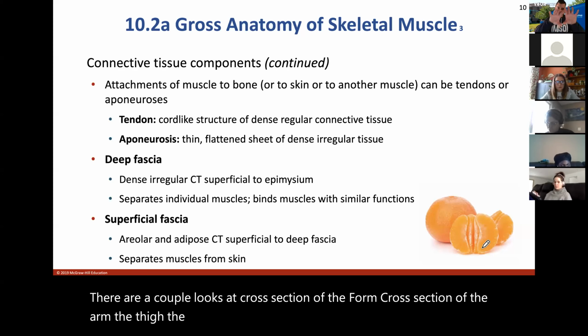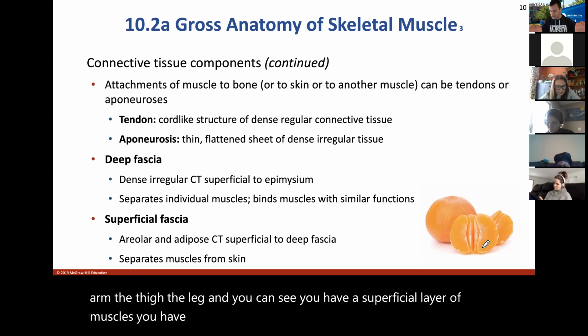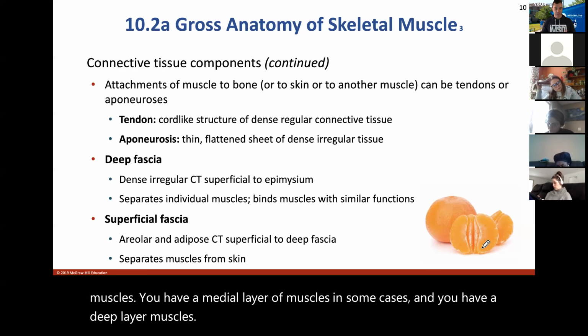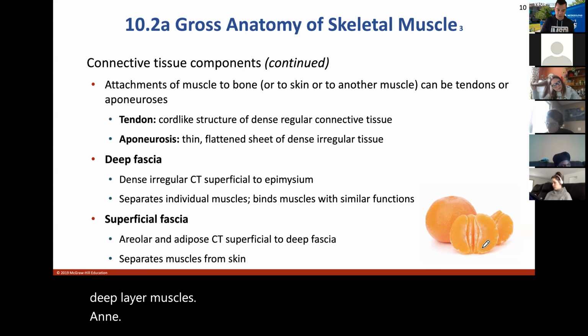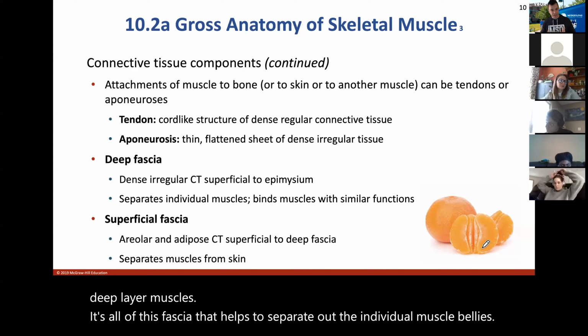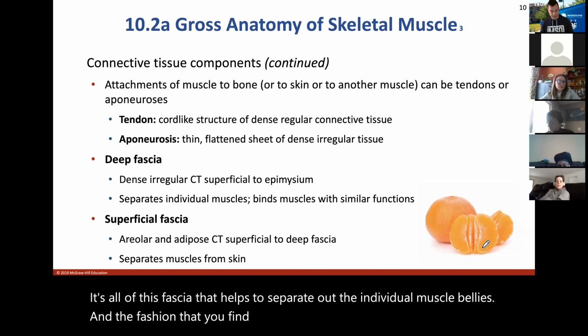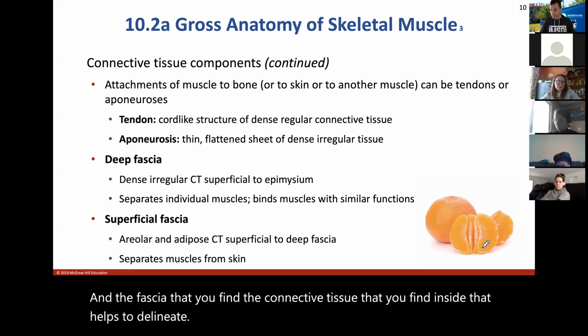And you can see you have a superficial layer of muscles, a medial layer of muscles in some cases, and a deep layer of muscles. It's all of this fascia that helps to separate out the individual muscle bellies. And the connective tissue that you find inside helps to delineate even layers within a compartment.